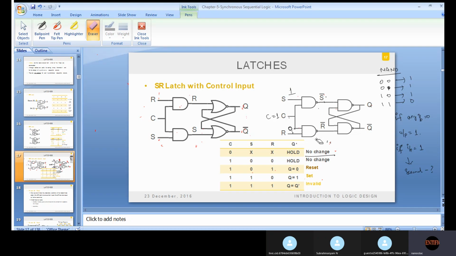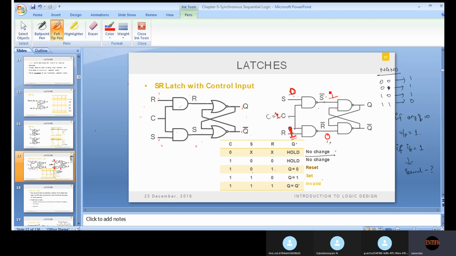Secondly, we will see for 1 0 also. If I am giving 0 and 1 here, control is equal to 1, so 1 0 will be equal to 1, and 1 1 will be equal to 0.